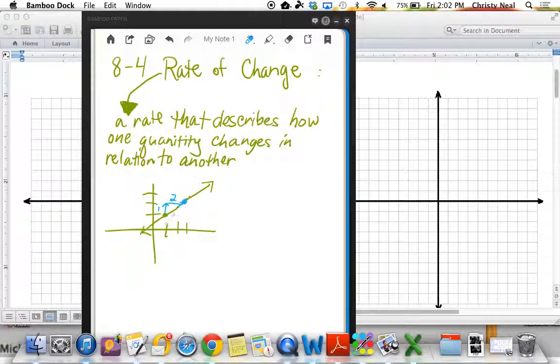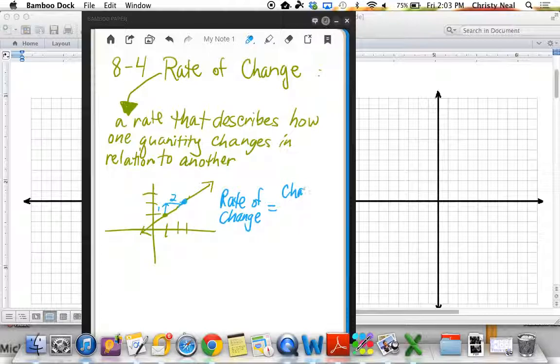Okay? So a rate of change, and somewhere along the way, someone decided that we can always have the same rate of change, let's put a certain one on top of the other one. And so we're looking at what happens on the x, what happens on the y. I always want you to put the change in y on top.